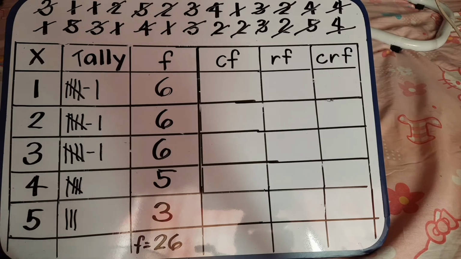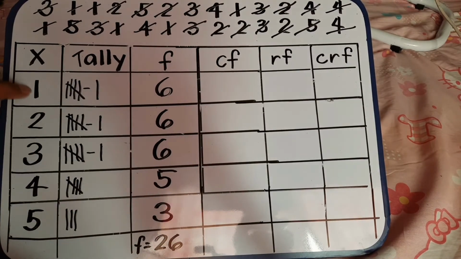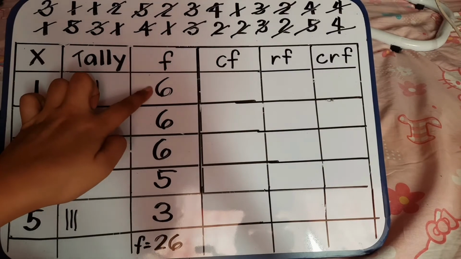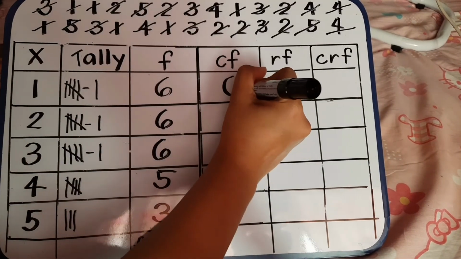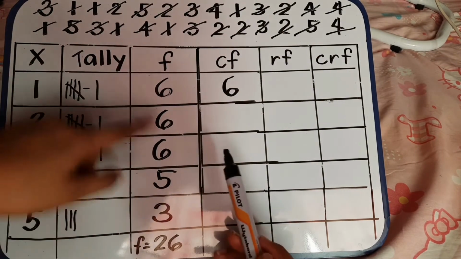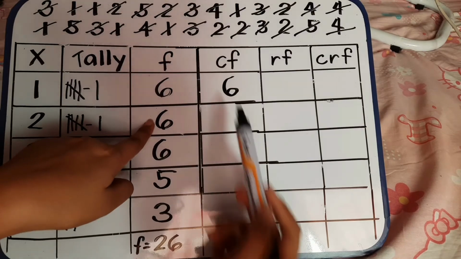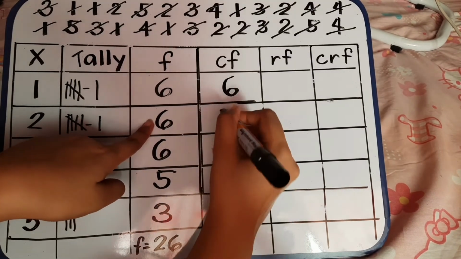So, ibig sabihin, mag-start tayo dito. Since ang nasa taas natin is 1, yung pinakamababa, mag-start tayo sa 6. So, lalagyan natin dito, 6 ang cumulative frequency nito. And then, ito yung magiging recent natin. So, ito yung ating preview. So, 6. 6 plus 6, and that is 12.